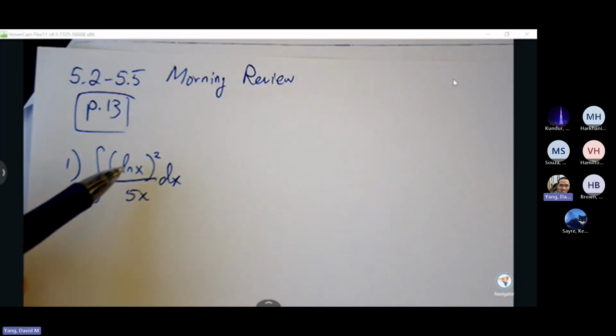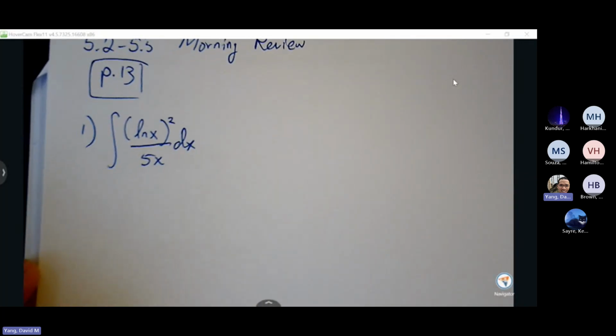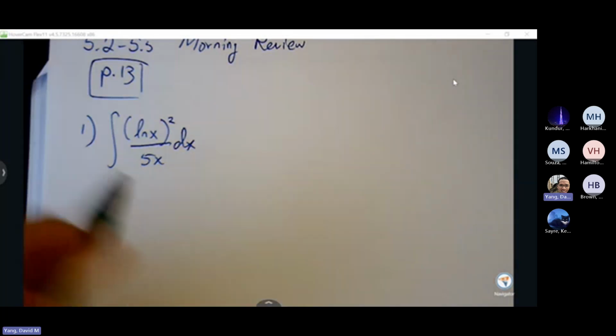There's only one term above. So we know u substitution is going to be our next option. So what could be our u value here? Natural log of x? Yeah, natural log of x, right?